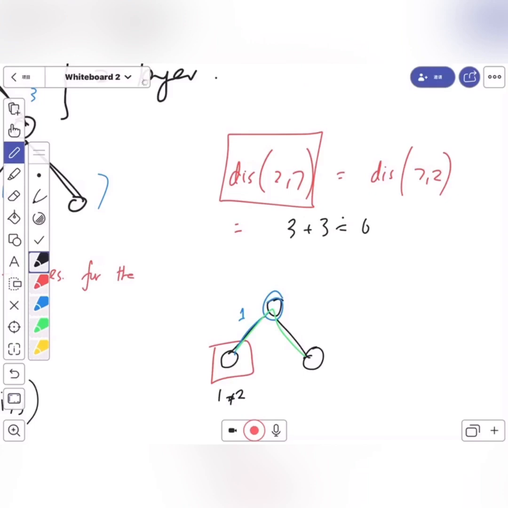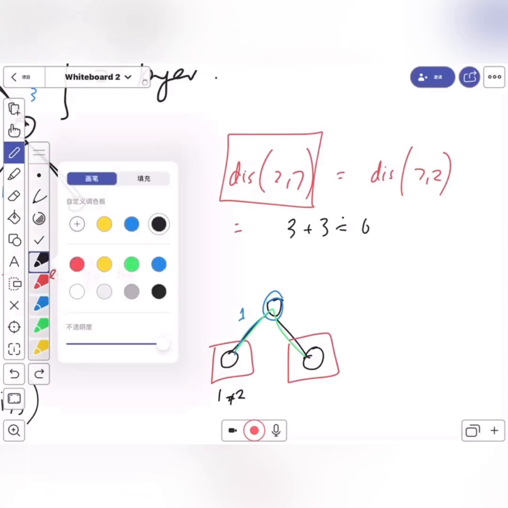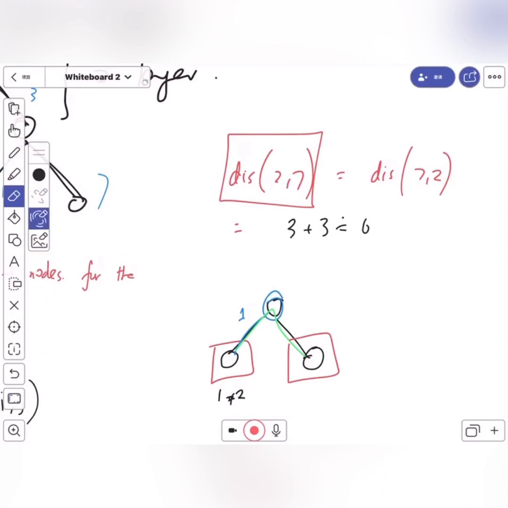But for this one, we don't even have to count again, because this binary tree is symmetrical. So the total number of steps that this node needs to reach any others will be the same. So essentially, without even calculating, we know that to reach this one will just be 3.